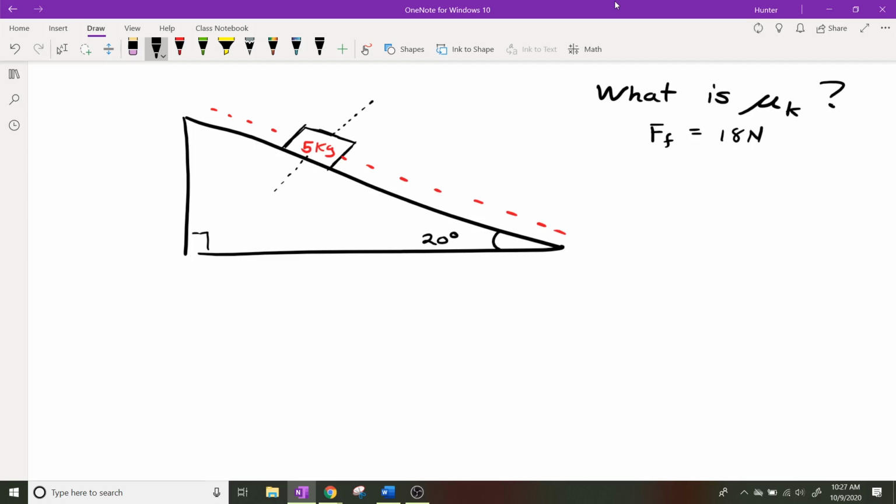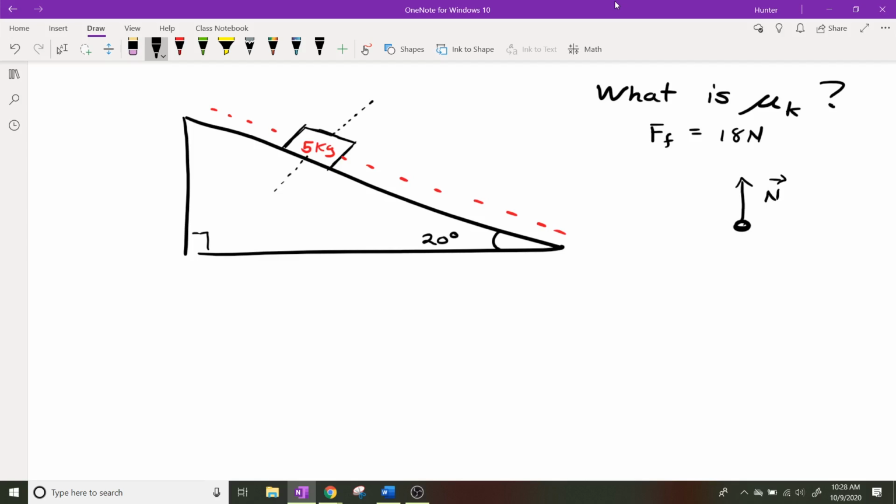Here's my dot. What force is pointing straight up? The normal force is straight up, in this case.